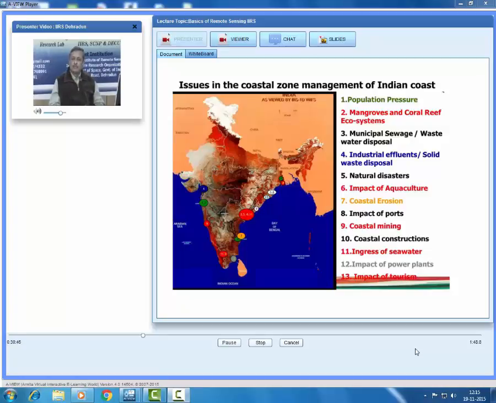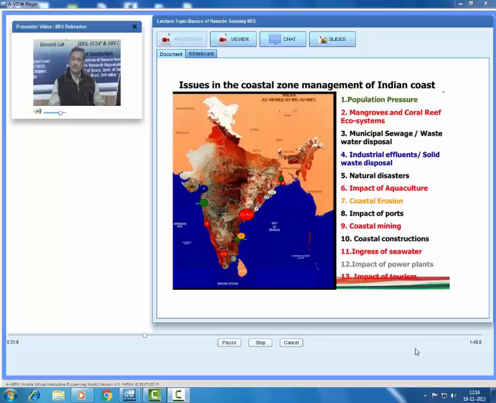The major issue is the population pressure, because issues, particularly in the coastal area, start with the population. If population pressure is not there, I feel that a lot of issues can be solved automatically. But our population is very high. We are the second largest population country in the world, and the coastal area population is tremendously high. So there is a huge population pressure.